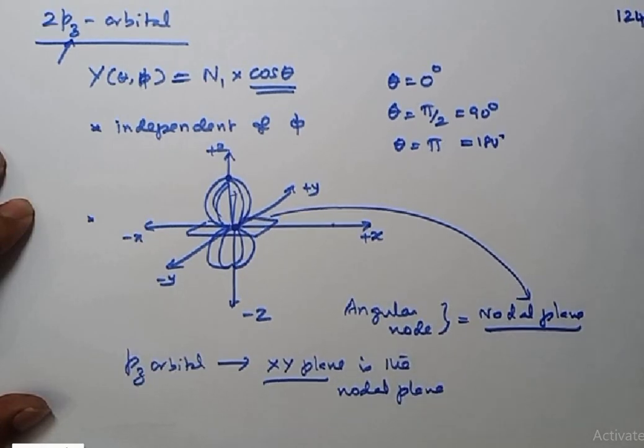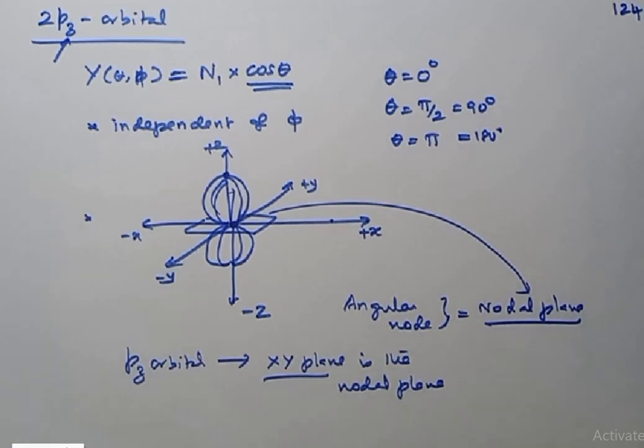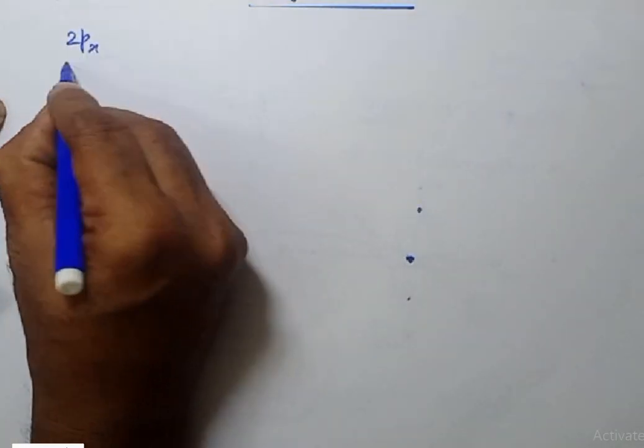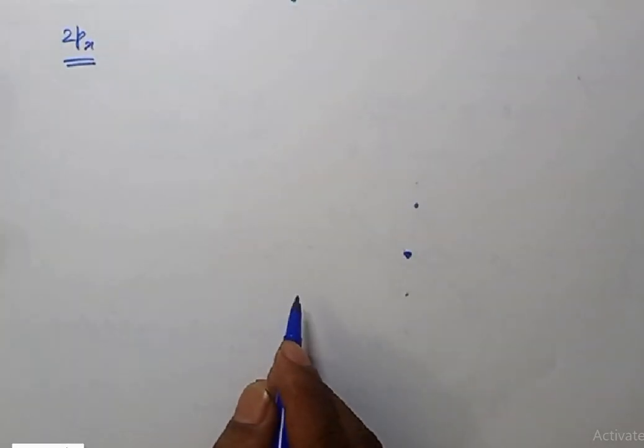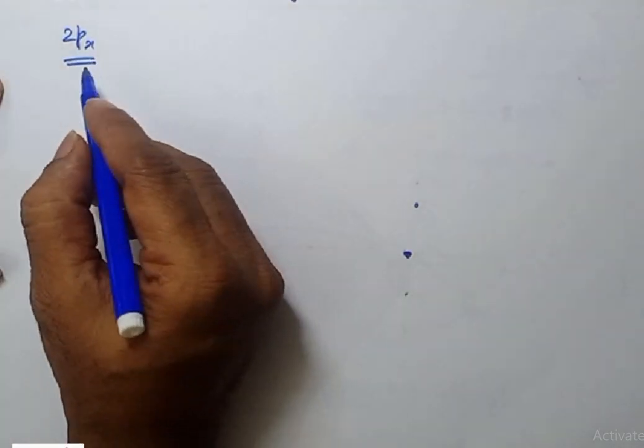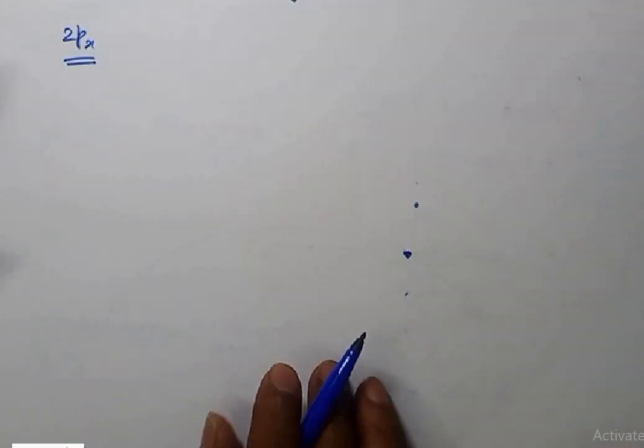This is what we call an angular node. pz orbital has one angular node. Let me take 2px orbital. In the case of 2px, how does the function look?